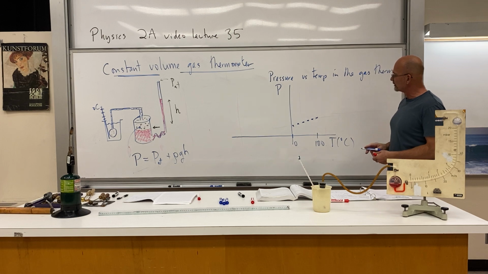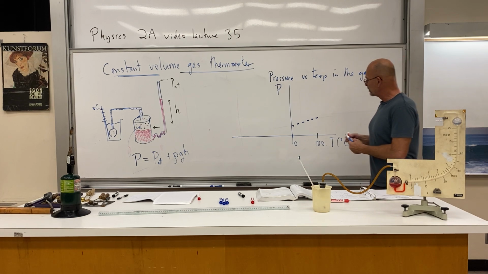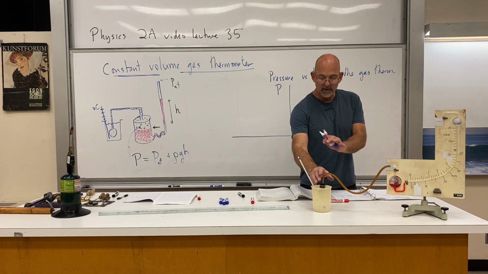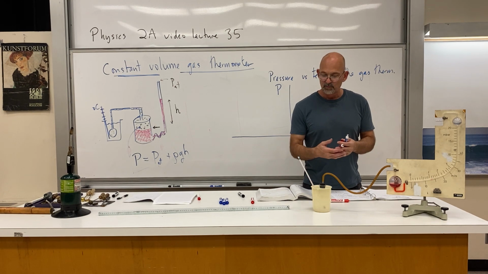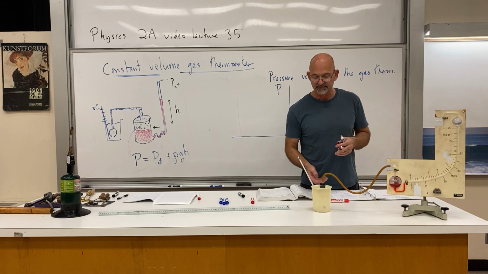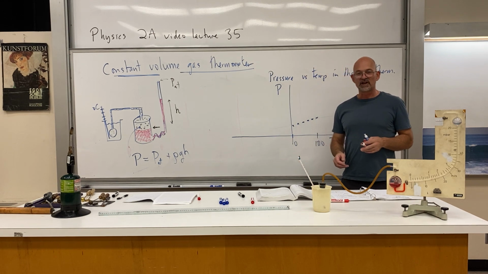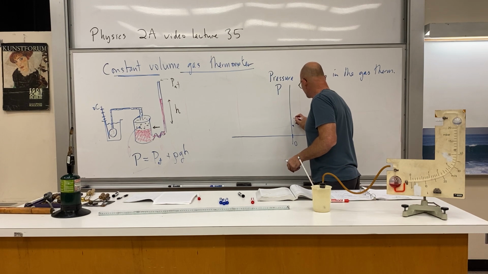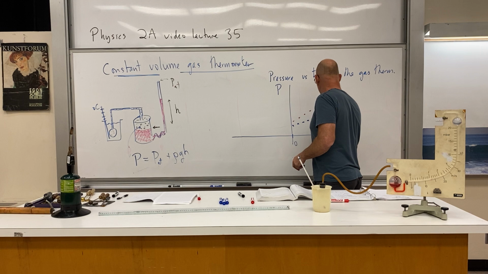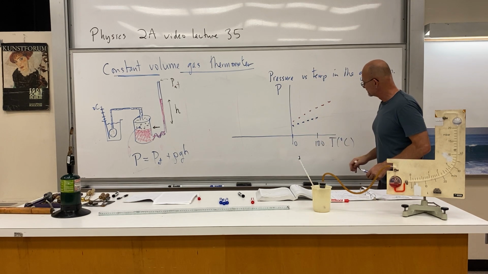Okay, you get a positive slope, and we do another gas. We evacuate this gas, which was just air, and maybe put in pure carbon dioxide, pure helium, hydrogen, nitrogen, and we get a different set of data points, like that.